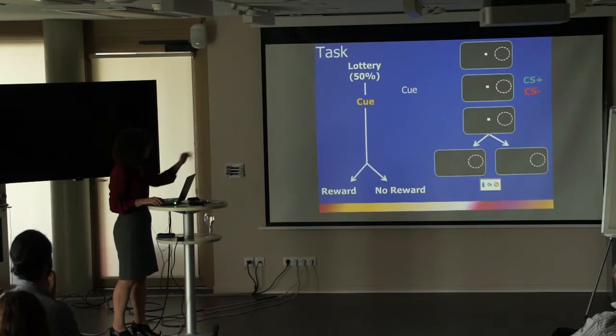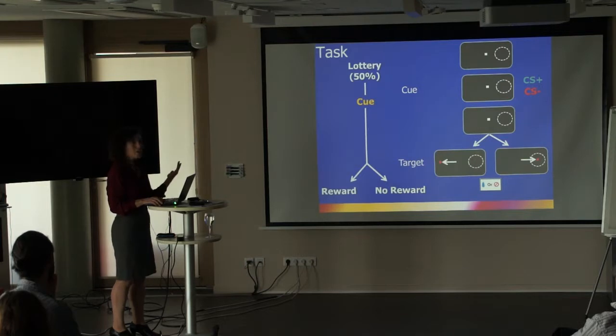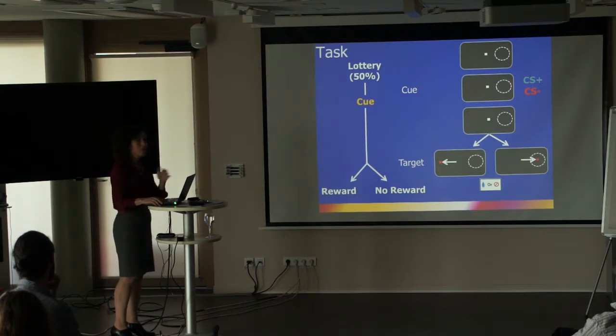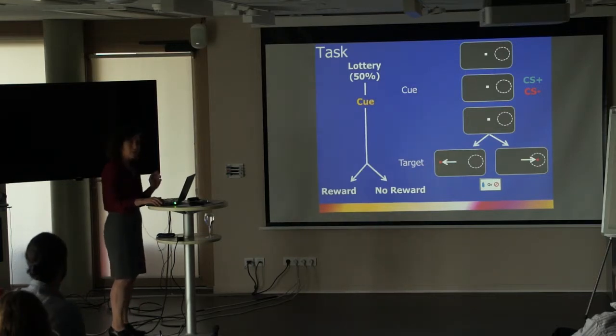Okay, so then the monkey had to wait. And then a second target came on. And the target could be either at the same location as the stimulus or at the opposite location, randomly. Okay? And the monkey had to make an eye movement to the target as quickly as possible. Right? As quickly and accurately as he could.